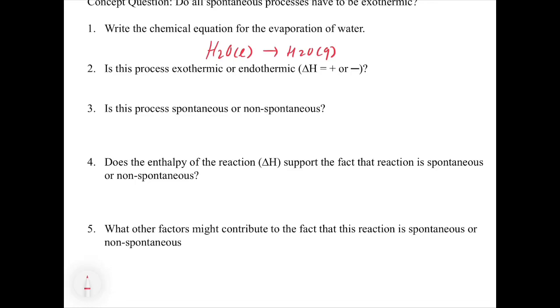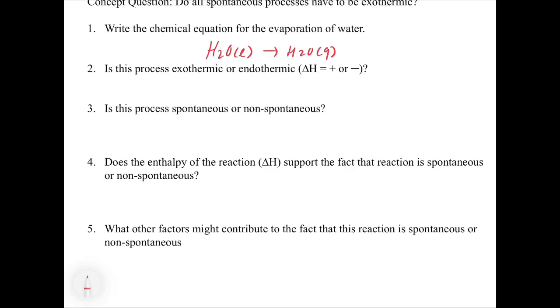Now we have to think about, is this process exothermic or endothermic? Is the delta H positive or negative? Well, when we boil water, when we purposefully make it go from liquid to gas, we have to put in energy. We have to heat it on a stove or with a hot plate or a Bunsen burner. That energy goes into the water and overcomes the intermolecular interactions.